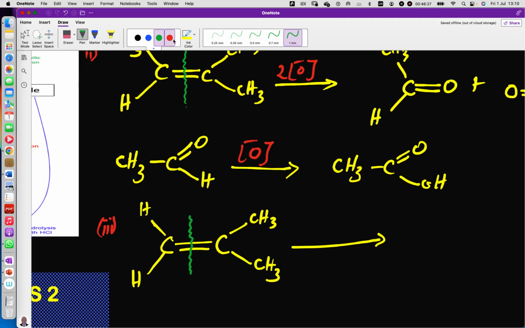Now there's addition of oxygen. But it should be noted that when there are only hydrogens on one end of the alkene, that end is converted to what?